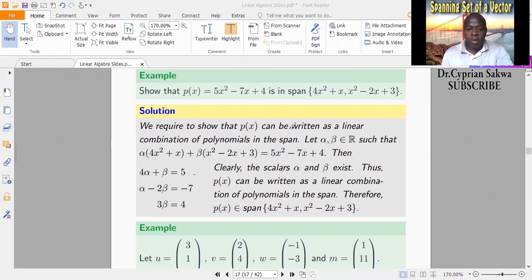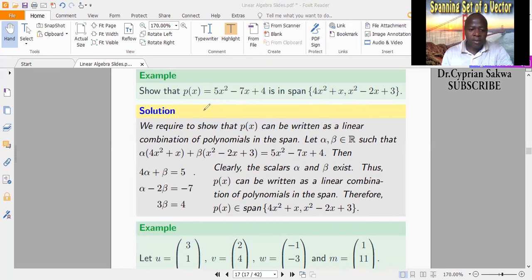So we require to show that P(x) can be written as a linear combination of the polynomials there. So we let alpha and beta be in R, and we want to see whether alpha times the first polynomial plus beta times the second polynomial would give us P(x). So we just multiply this.